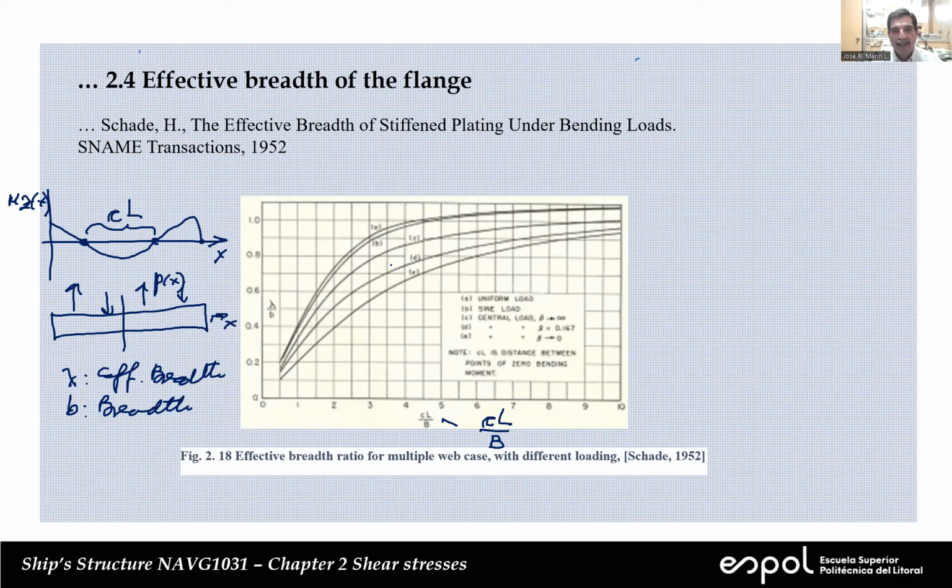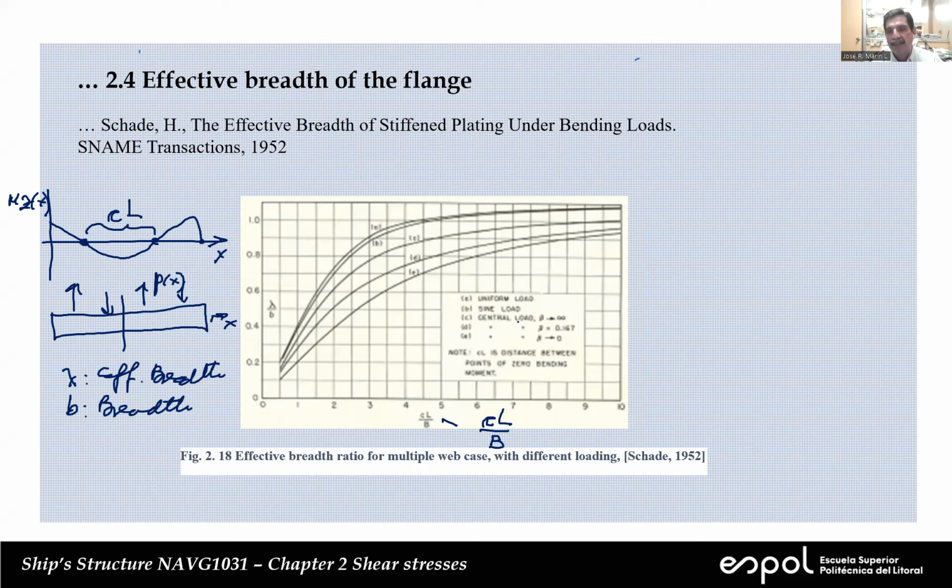And these curves depend on the type of load that you have. So if you have uniform load, you use this curve. If you have sinusoidal load, etc. And this beta is a factor which depends on the geometry of the section, and it's combined with the central load.